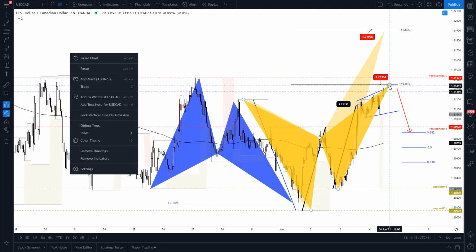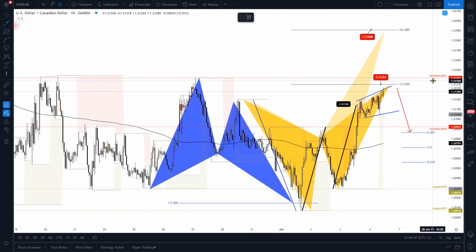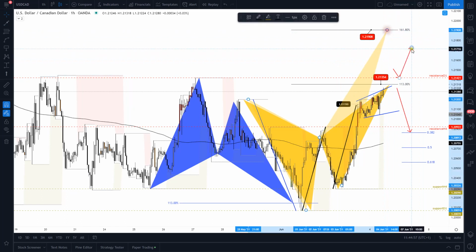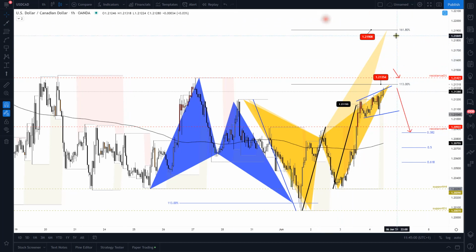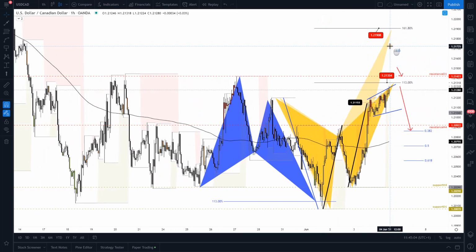And if the market decides to violate this structure, and when I say violate, usually we will see the price rejecting the previous resistance and starting to squeeze higher, then I will point to this bearish crab pattern. So this is the golden Fibonacci extension. Usually the market will feel some pressure at those Fibonacci levels.